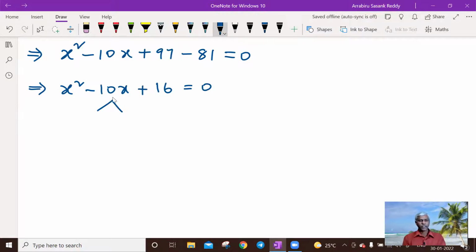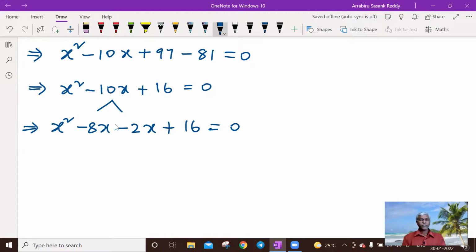So minus 10x can be written as minus 8x minus 2x, splitting it that way and keeping the remaining terms as they are. This you know how to do, take factors for a quadratic equation.